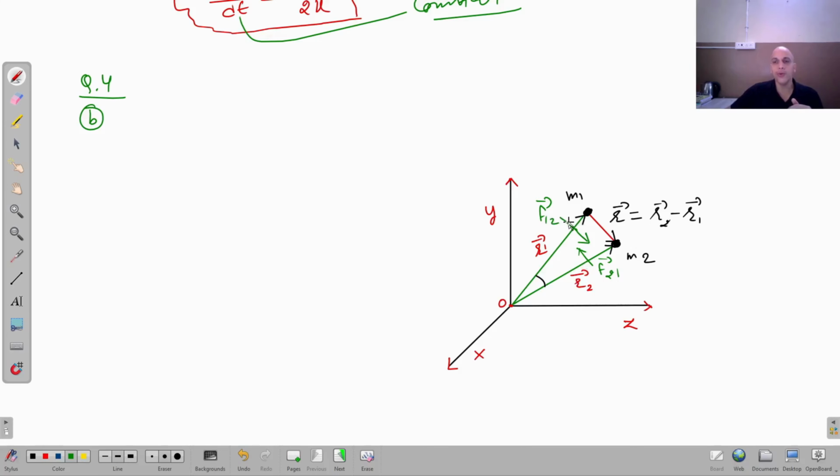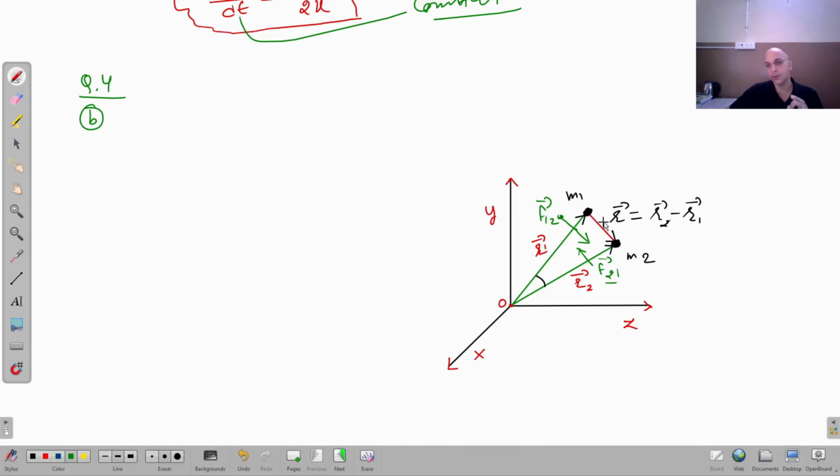Now F12 is the direction of the force exerted on body 1 by body 2, because body 2 is pulling this body toward its side. Similarly, F21 is the force on body 2 due to body 1, and the direction is on this side because this is pulling this body toward its side.